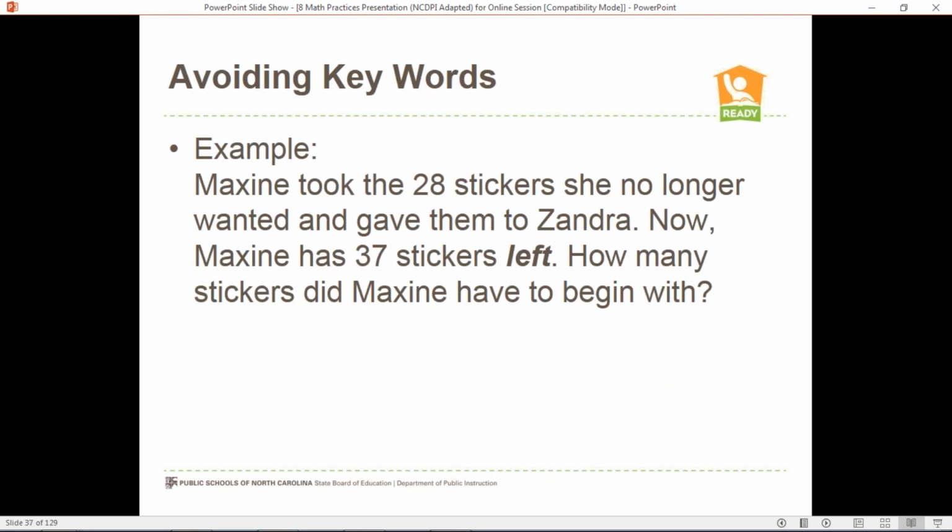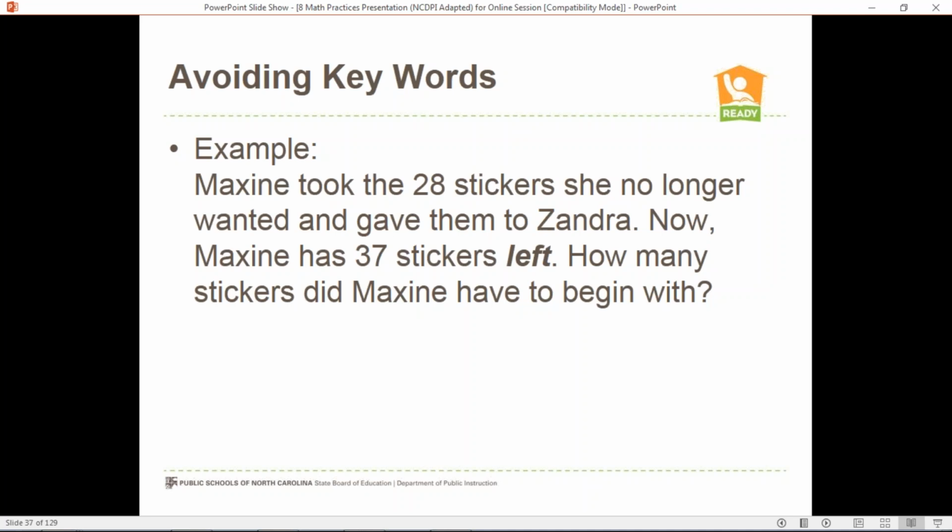So one example here, we won't belabor this a whole lot because it's a better discussion together in a group, but if we had something like this: Maxine took the 28 stickers that she no longer wanted and gave them to Xandra. Now Maxine has 37 stickers left. How many stickers did Maxine have to begin with?